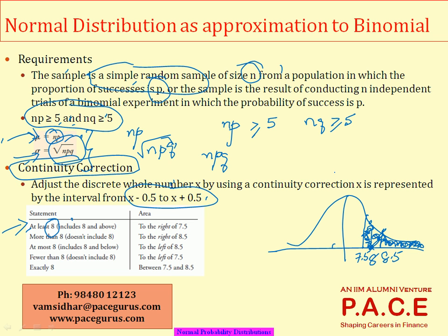Similarly, at most 8, which means 8 or below, with 8 inclusive, I'll take the area under the normal curve corresponding to 8.5 and below. So those are some of the adjustments we have to make when approximating the binomial distribution with a normal distribution, which is part of the continuity correction scenario.